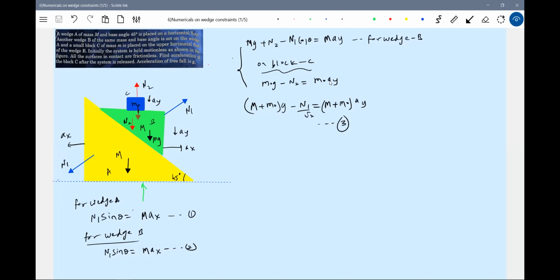So we are assuming that the wedge B and the block C are moving vertically with the same acceleration ay, and the net force on wedge B and wedge A along the x-axis is 0. The force is acting on one side, so they will have the same acceleration. I'll write that so that we assume that.